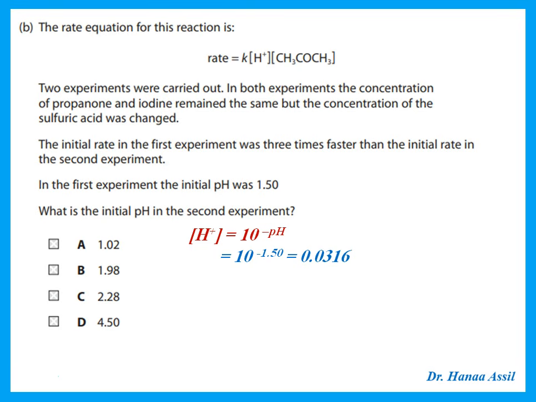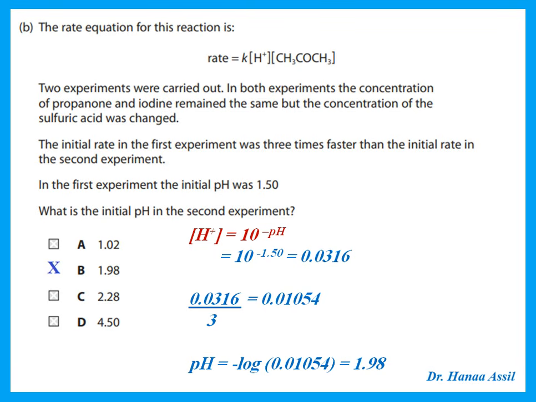So for the first experiment, the concentration of H plus ions is 0.0316. Now, if the first experiment was 3 times faster, then the second experiment would have a concentration of H plus ions that is a third of that, and that means the pH for that would be 1.98.